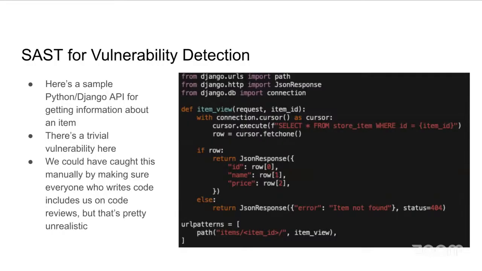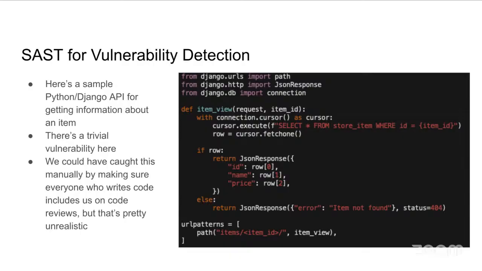So here's a sample piece of Python code. It has a pretty obvious vulnerability in it. Anyone want to take a guess? Yes, exactly. It's got a SQL injection vulnerability. So we found that right now as a group, but we are 15 people looking at one piece of code.